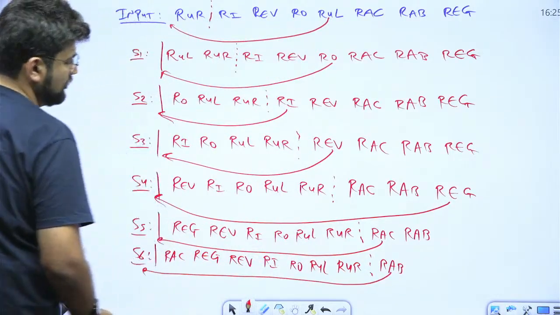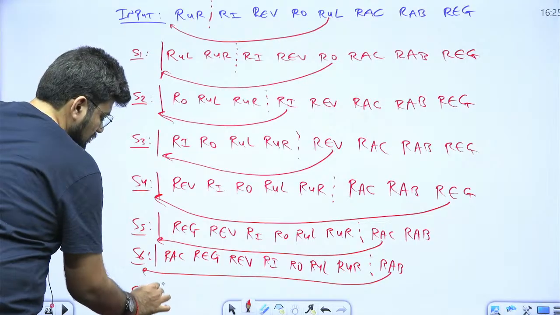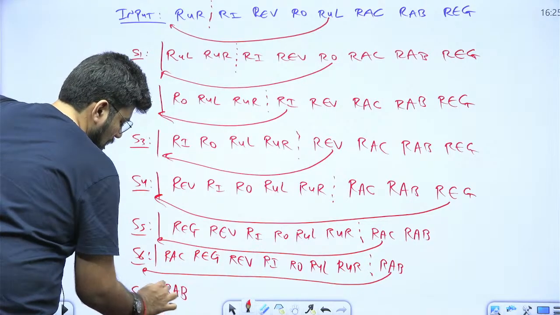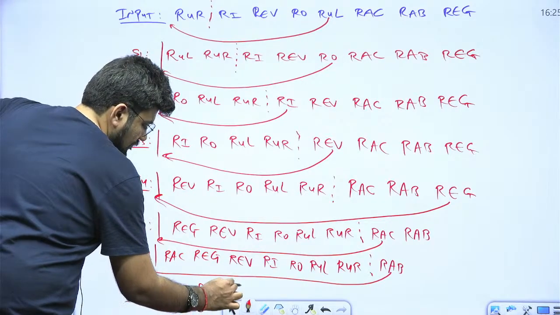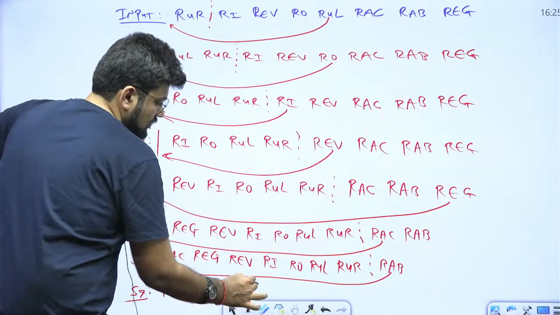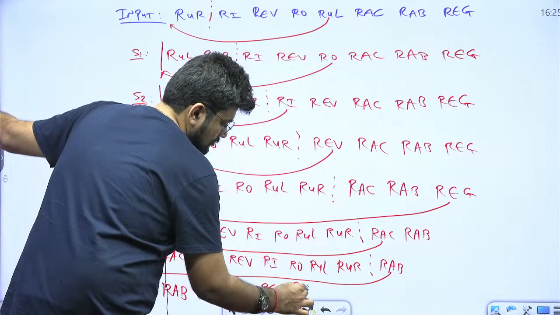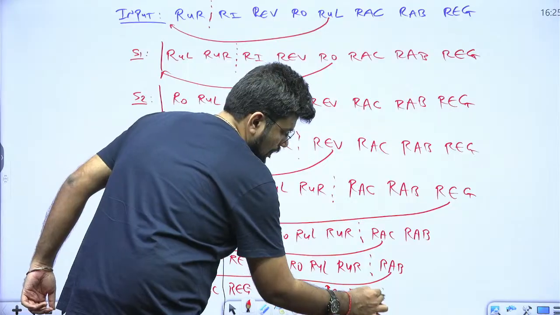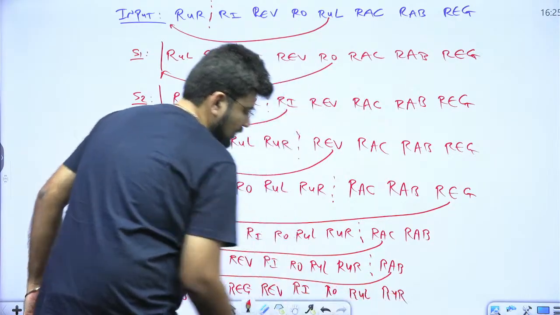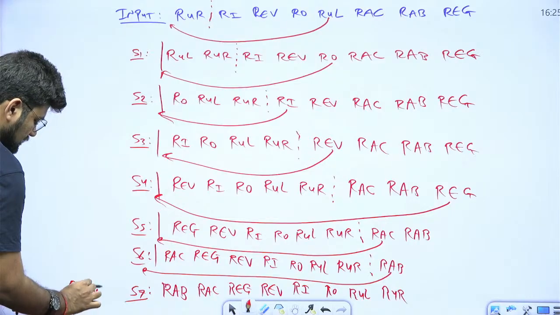So step 7 will be my final step. Rabbit, race, register. Done. This is my output step. So it's a 7-step output.